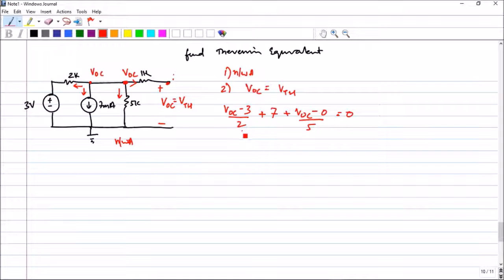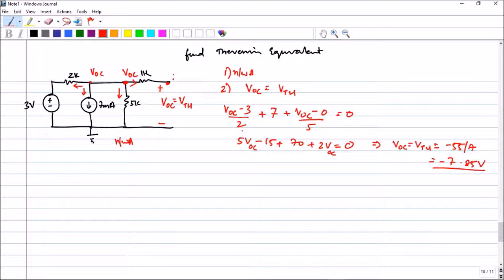From this I get 5VOC minus 15 plus 70 plus 2VOC equal to 0. So VOC, which is VThevenin, is equal to minus 55 by 7, or minus 7.85 volts.